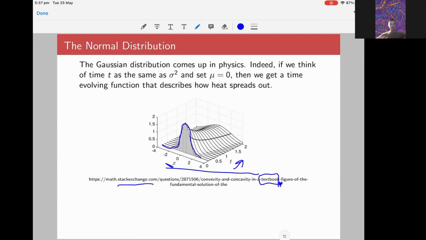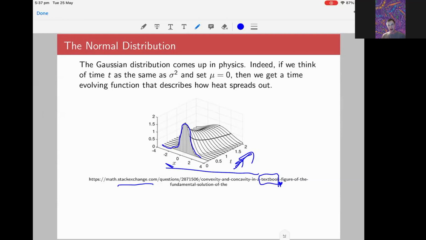We've got a particular material, we've got temperature that's focused at a particular point, but over time, we would expect that the temperature spreads out in precisely this way here. And so the Gaussian distribution comes up a lot when you're trying to model heat distribution or other things that spread out in the same way that heat does.